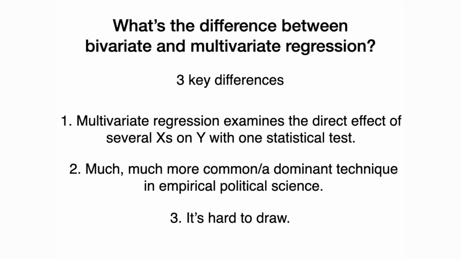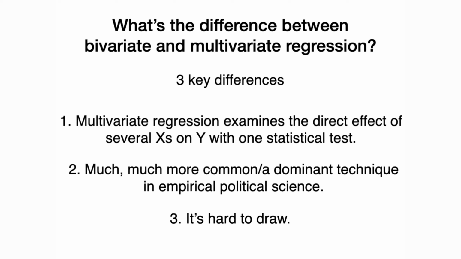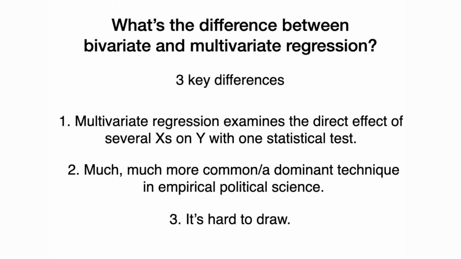The most important thing is that multivariate regression examines the direct effect of several x's on one y in a single statistical test. And I'm using x's and y's deliberately here. It would be an error to say that it tests the direct effect of several independent variables on one dependent variable in one test, because we're always building in things like potential sources of spuriousness, variables that we think might actually be conditional.